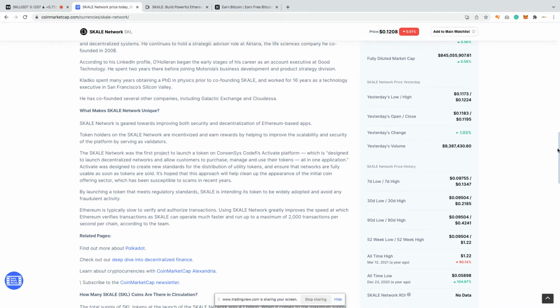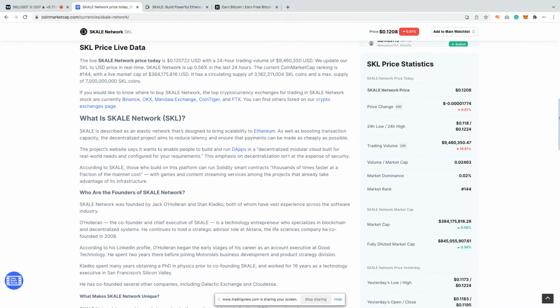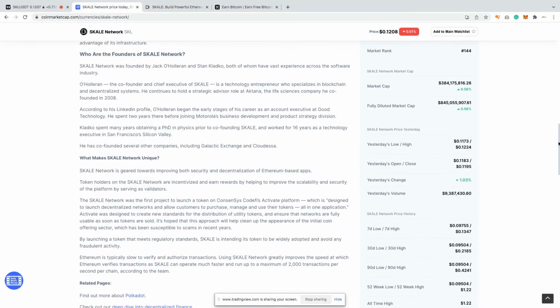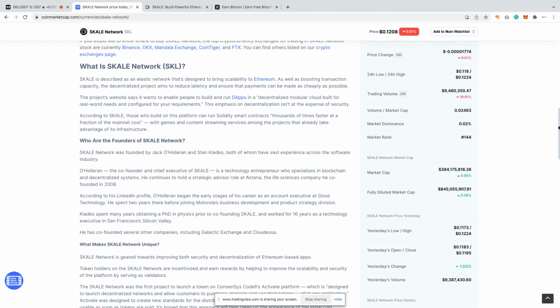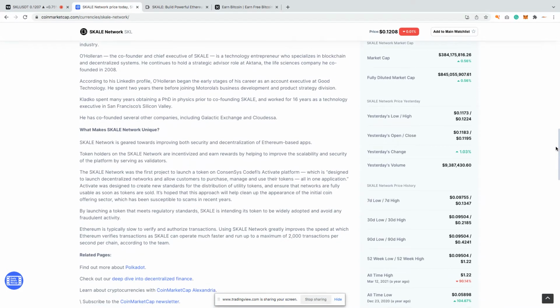So what is SKL? Well, SKL describes itself, according to CoinMarketCap, as an elastic network that is designed to bring scalability to Ethereum. What makes it unique is that the Scale network is geared towards improving both security and decentralization of Ethereum-based apps.